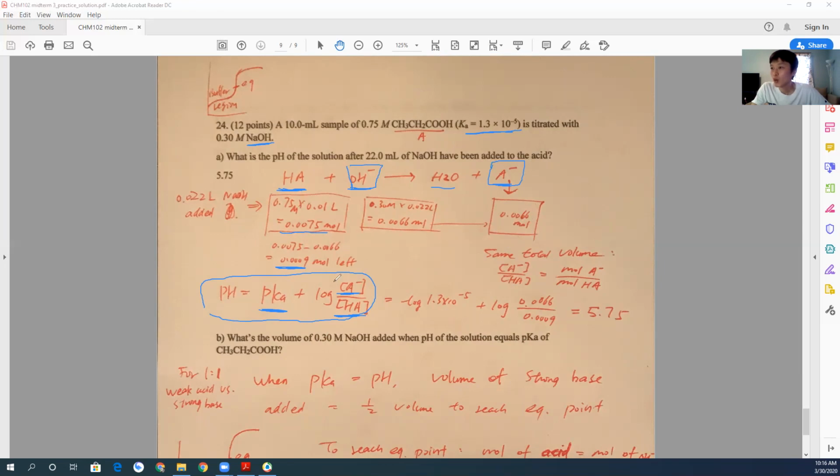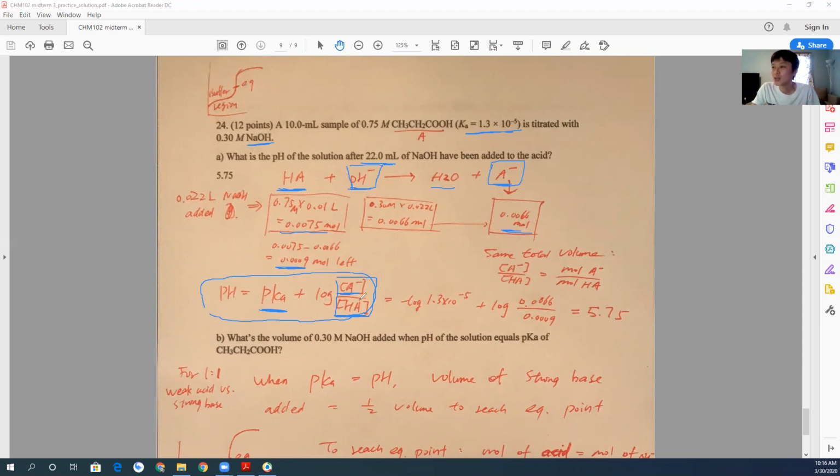Right, so we want the concentration ratio of this conjugate base and the acid. Now we have the number of moles, but they're in the same system, so the volume is the same. After you add 22 milliliters, they have the same volume. You divide the number of moles by the same volume, and that doesn't change the ratio.